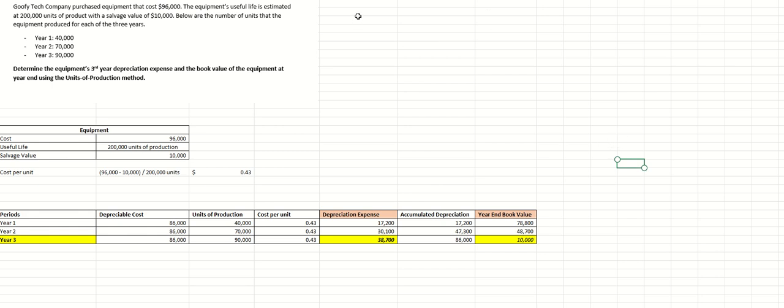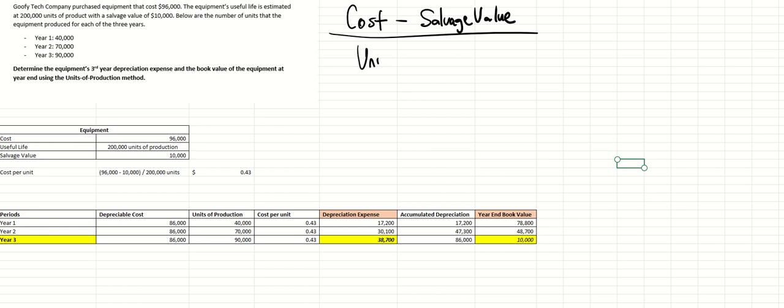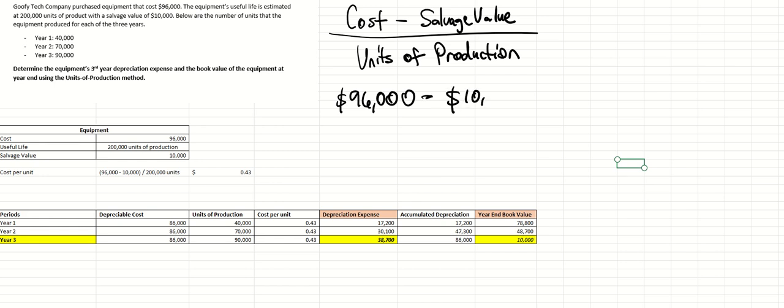So we're going to take the cost, subtract the salvage value, divided by not useful life, but units of production. Okay, so we're just going to plug it in. The cost was $96,000. Subtract out the salvage value of $10,000.